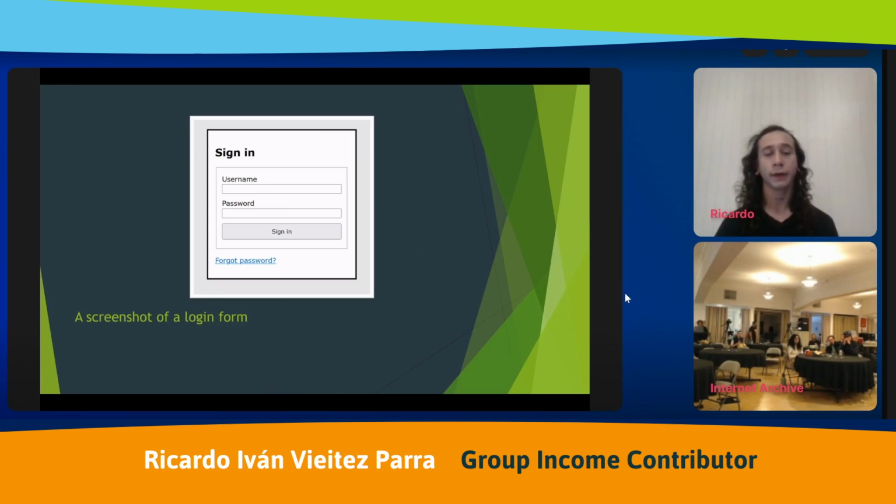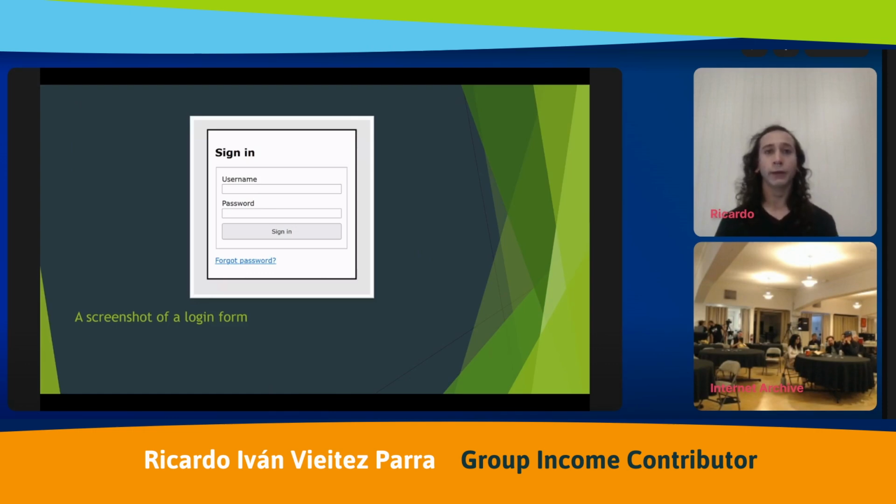We have essentially two fields, one with a username, one with a password, and then there is a button to sign in, and sometimes there is a link to a page if we happen to have forgotten our password or for some reason are unable to log in.